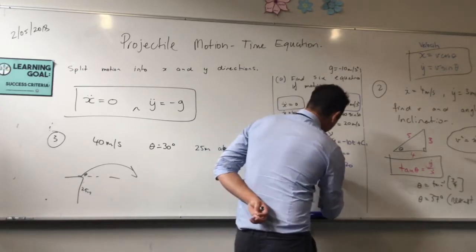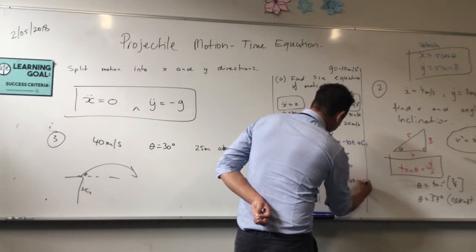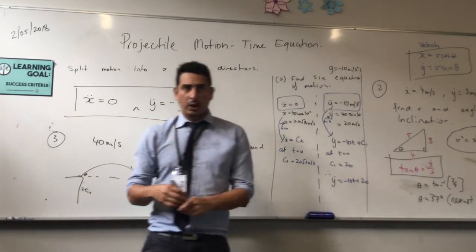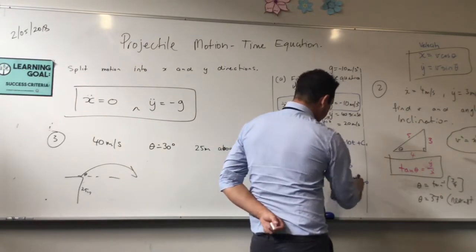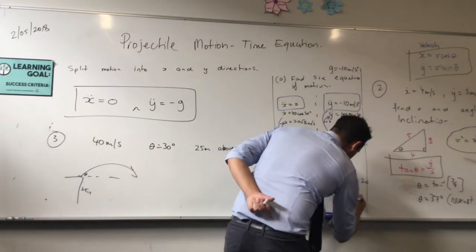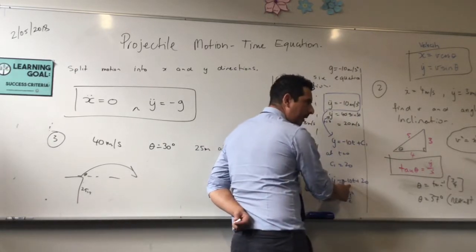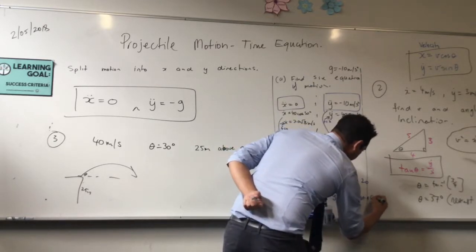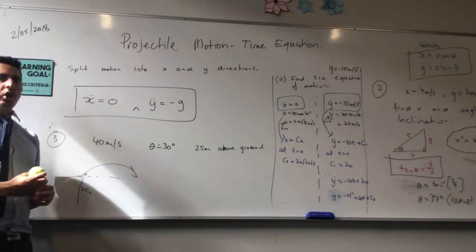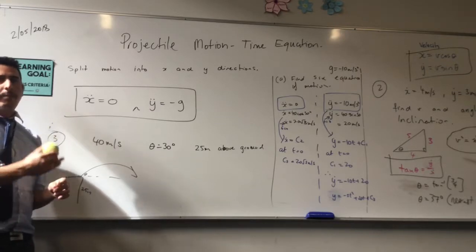Therefore, Y dot equals minus 10t plus 20. Our equation for Y equals minus 10t squared over 2, so minus 5t squared, plus 20t plus c3. Raise the power, divide by that power. We just know that we're 25 meters above the ground at the moment, but in terms of the motion, it hasn't gone up at all.